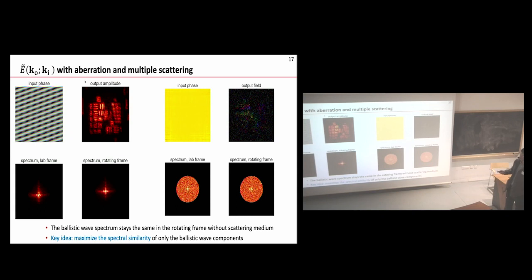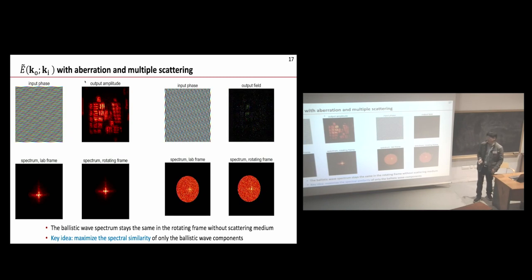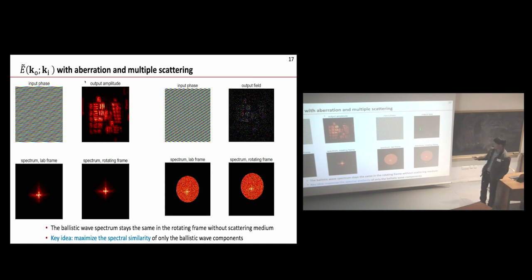But when we introduce aberration, then the image is distorted and you have a rotating spectrum. If you look at the spectrum, they are not identical from one illumination angle to another. That is a consequence of aberration. And when there exists multiple scattering, it's even worse, right? The spectrum is masked by the scattering noise.